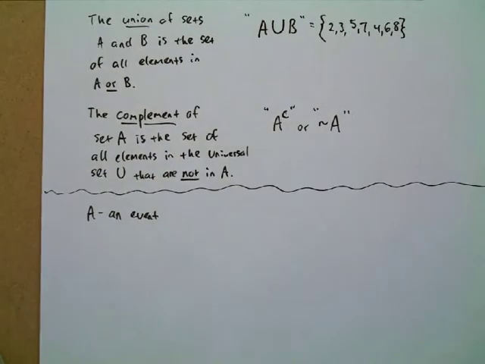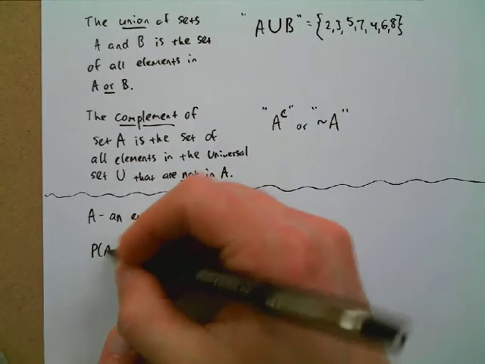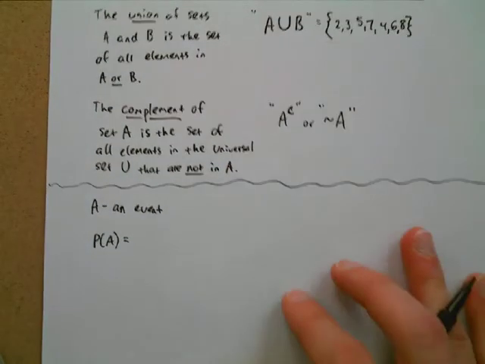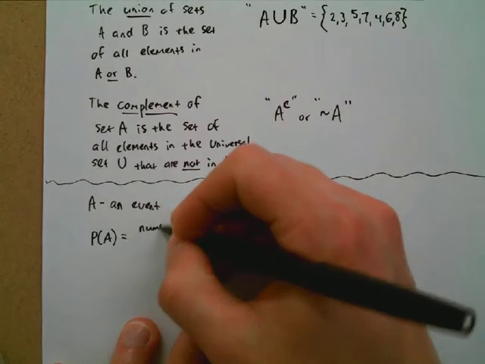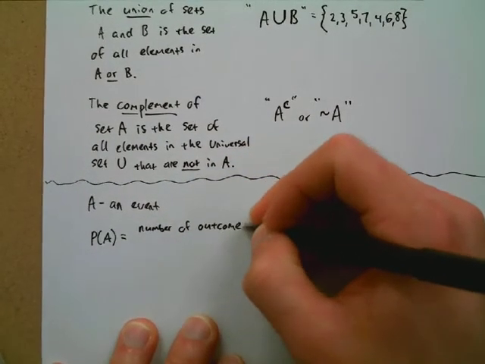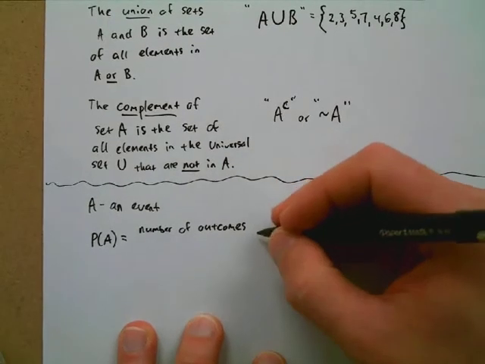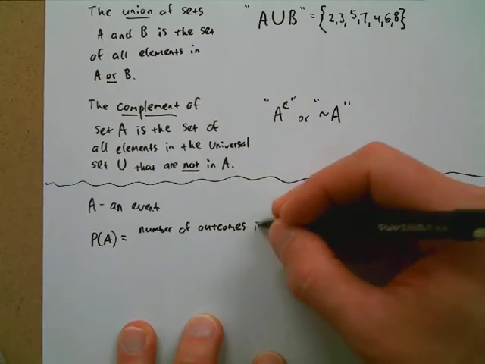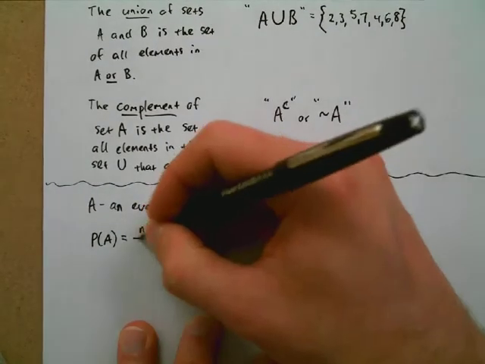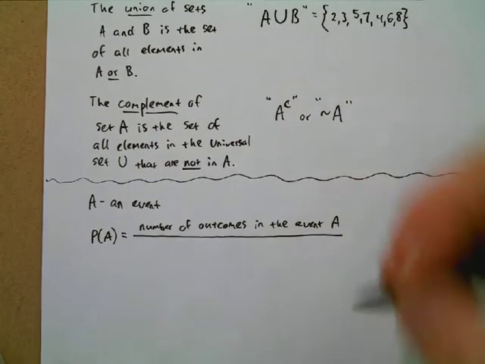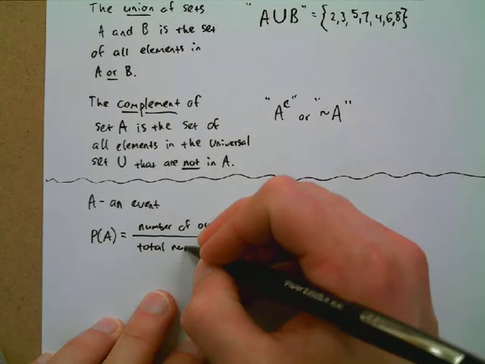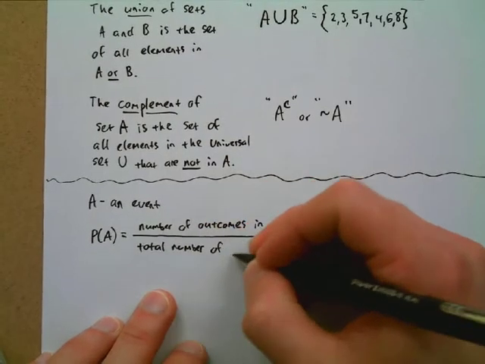The probability of A is equal to the number of outcomes in the event A divided by the total number of possible outcomes.